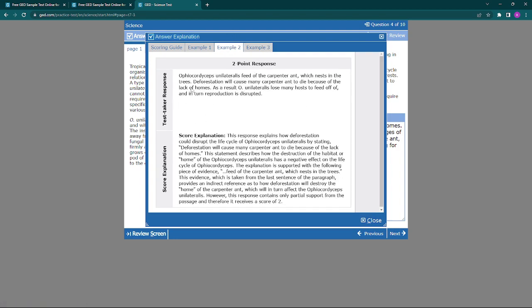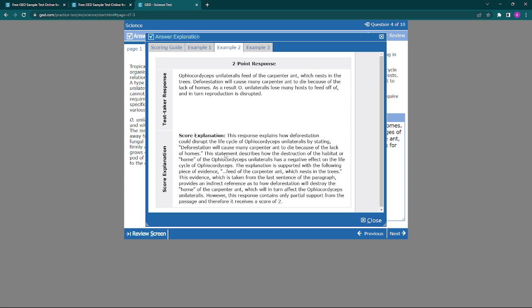And slightly better, the OU feed off of the carpenter ant which nests in the trees. Deforestation will cause many carpenter ants to die because of the lack of homes. As a result, OU lose many hosts to feed off of, and in turn reproduction is disrupted. Okay, wait.